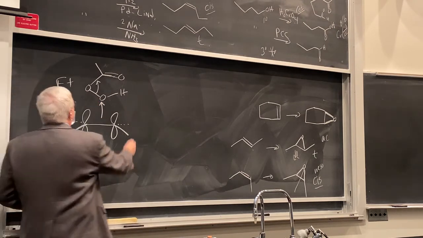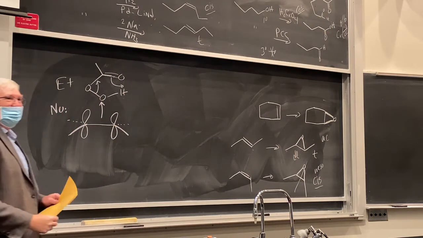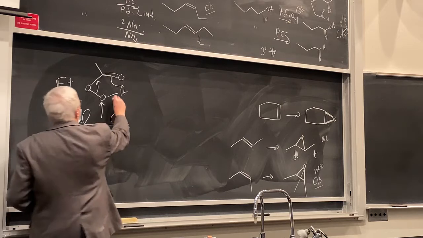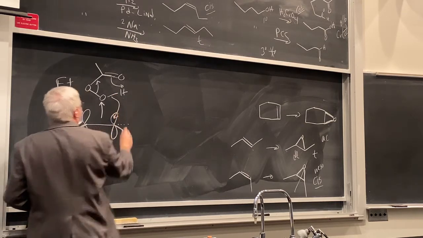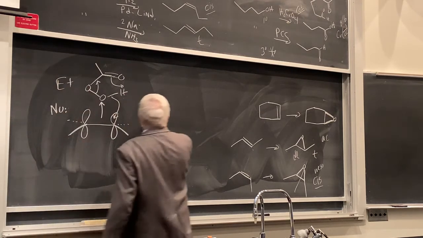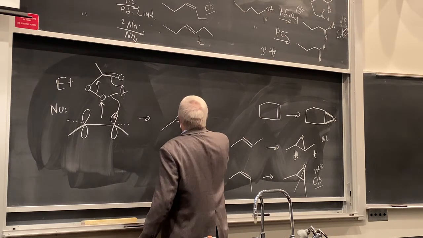If we push the electrons up there, look, we can then bring this over here and grab this proton off the OH group. That then liberates these electrons to go down and fill in the empty orbital on the alkene. So let's see, what does that go to? It goes directly to the epoxide.